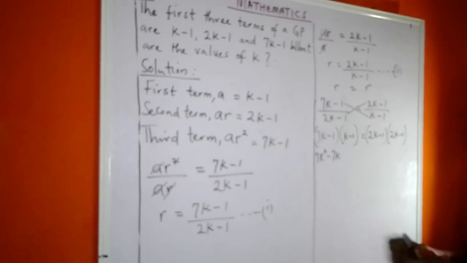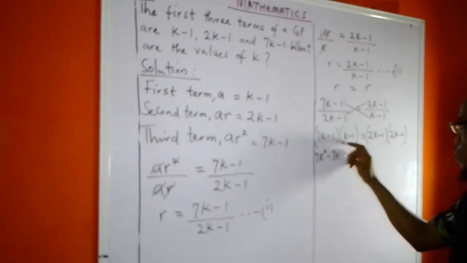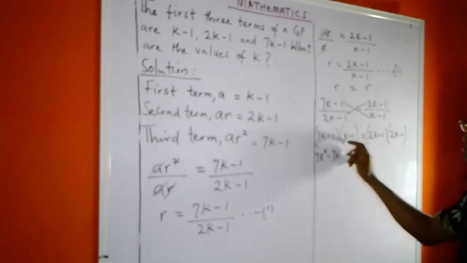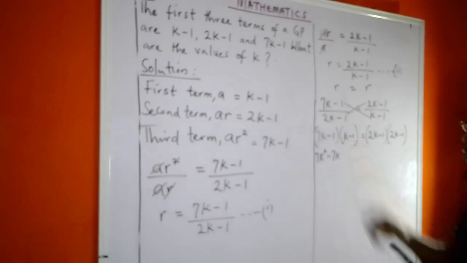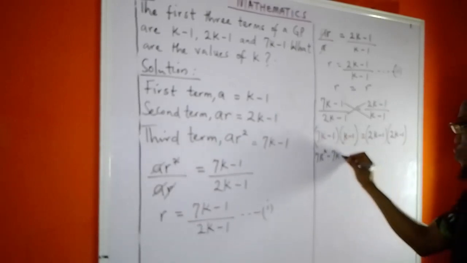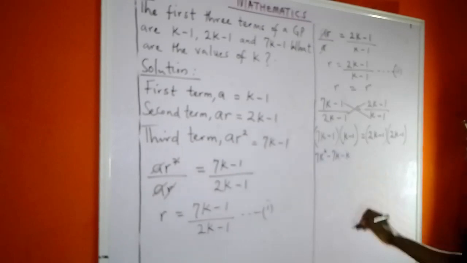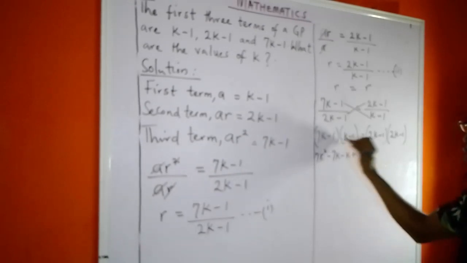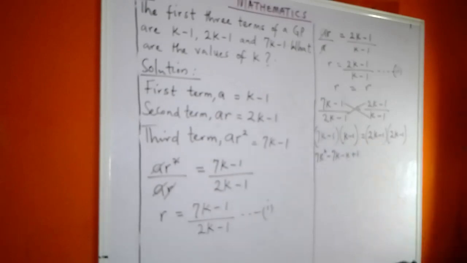Which means we've used 7k to multiply what is inside this bracket. So the next thing is for us to use this minus 1 to multiply what is inside this bracket. So minus 1 times k will give us minus k. Then here minus times minus is plus, 1 times 1 is 1.